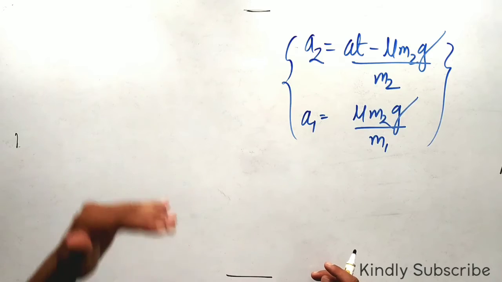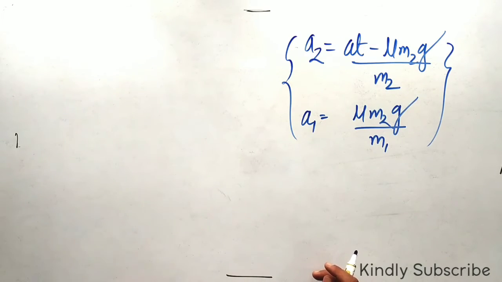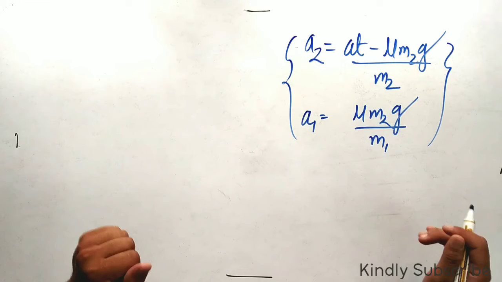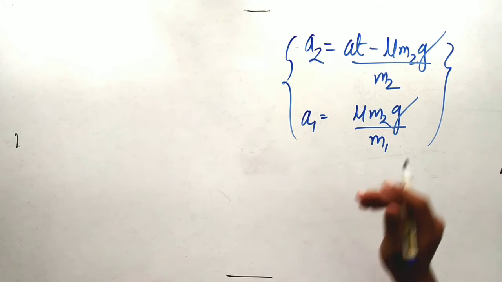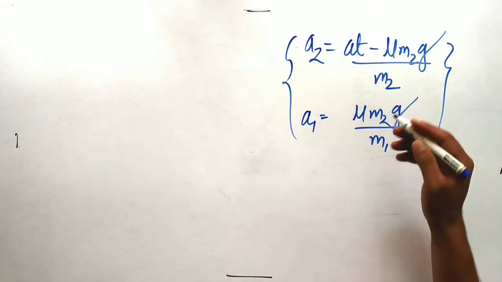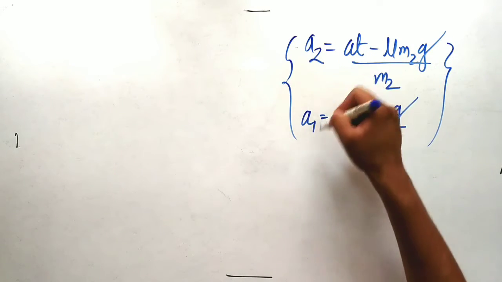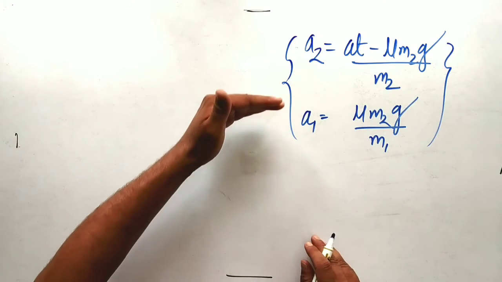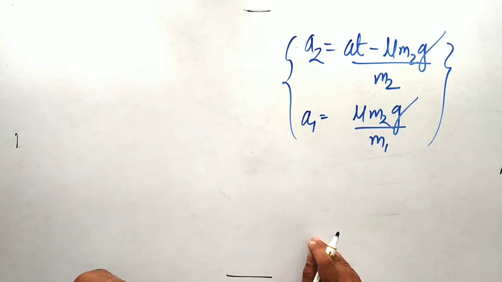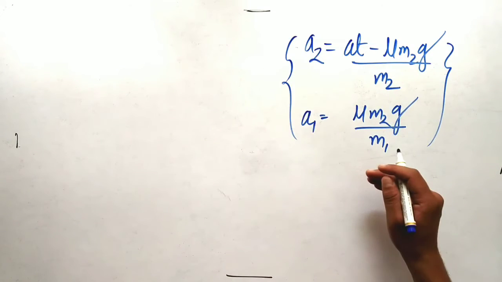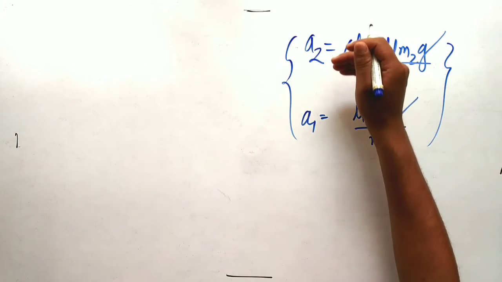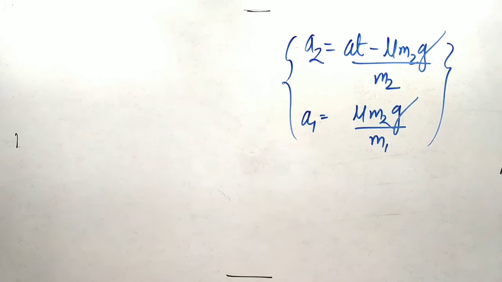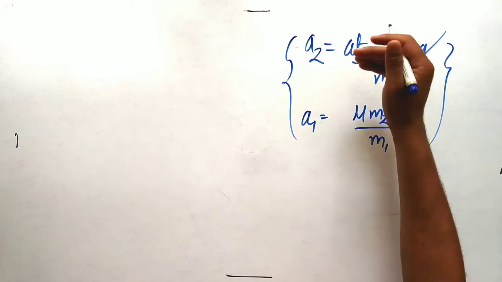But we also have to plot the graph of their variation with time. For that, we are going to have to find the value of t after which these two develop different accelerations. For that, we're going to use these values only. And how? I'll tell you how. These two, A1 and A2, were the same till a value of t.